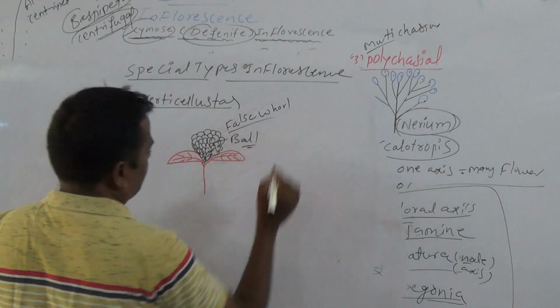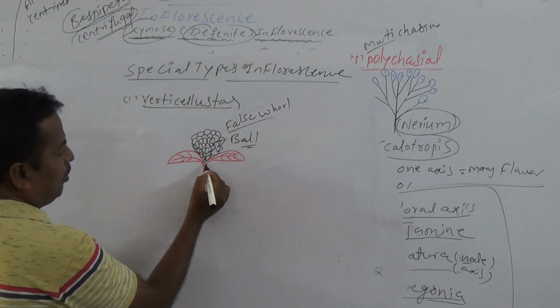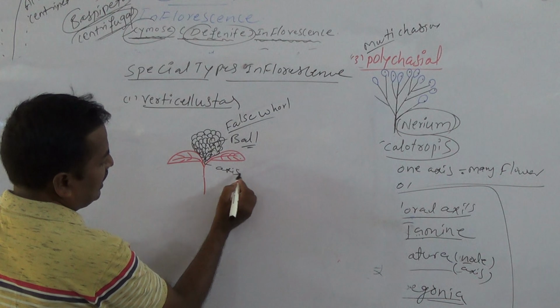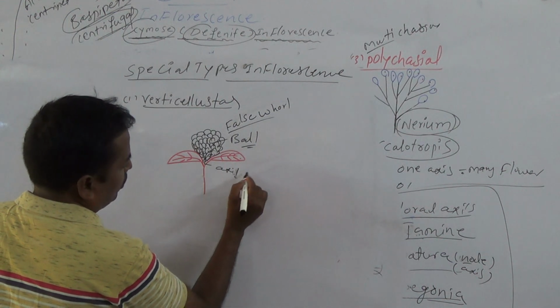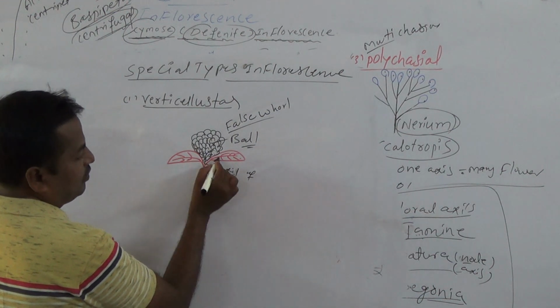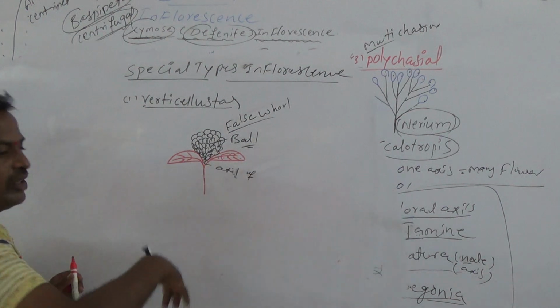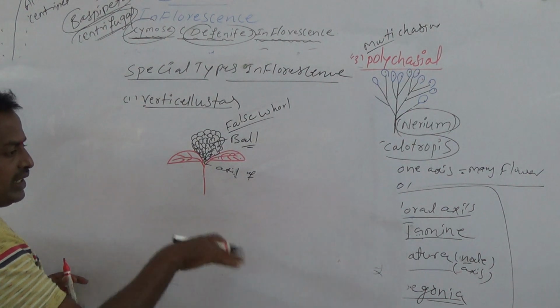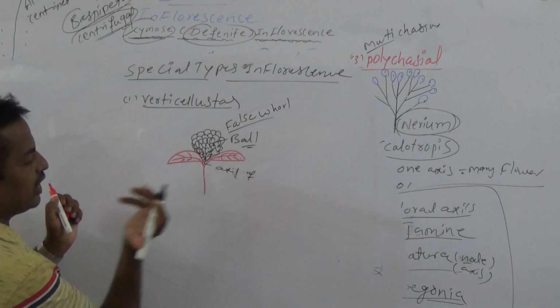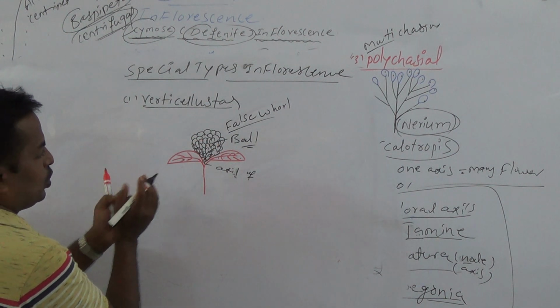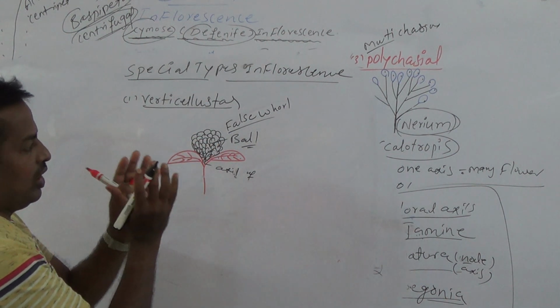Are you clear? Once again, the flowers are formed in the axil of the opposite leaf and are arranged in a circular manner. Simple. The total flowers appear like a bunch or ball.